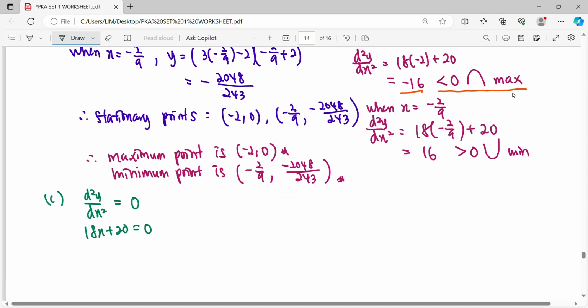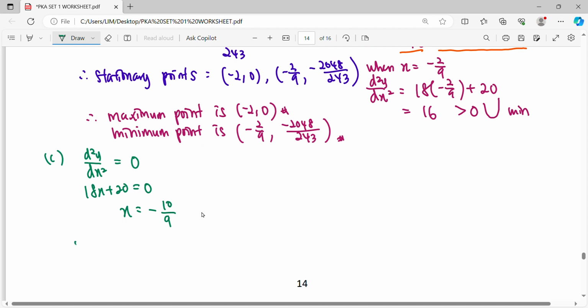So your x here equals negative 10/9. So you get your x, then you find out your y coordinate. Substitute that into the original function.